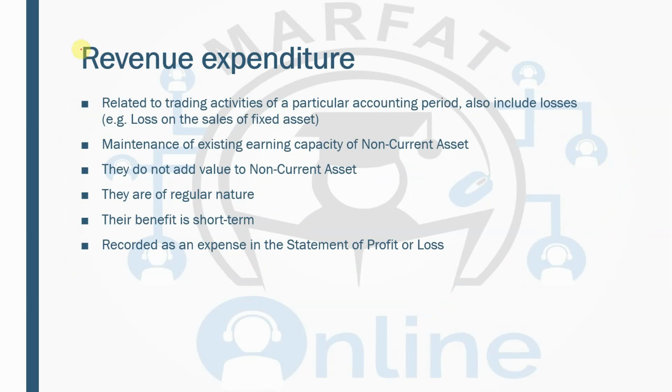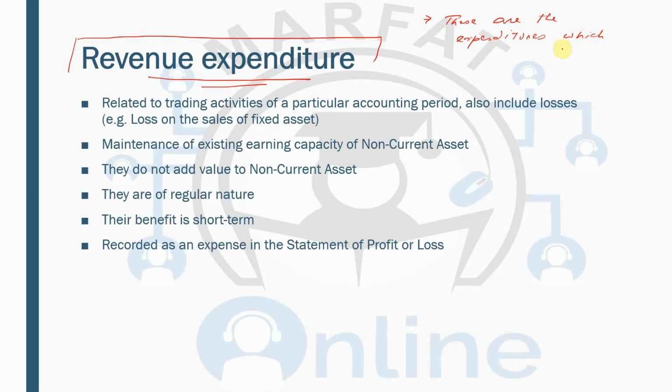Now we'll be moving towards revenue expenditure, and again this is something very important to understand. The first basic thing is that these are the expenditures which are other than capital expenditure.